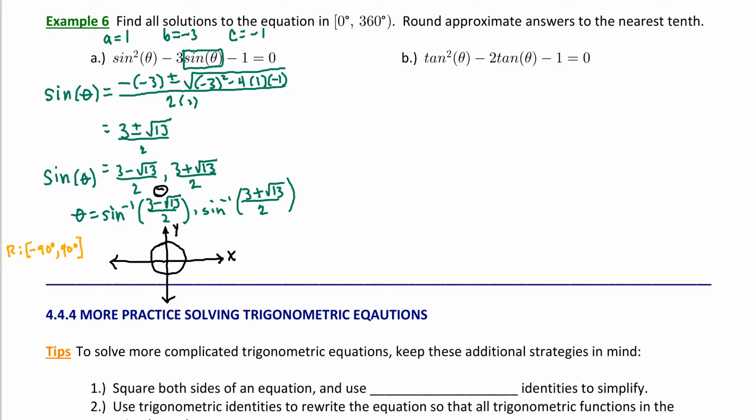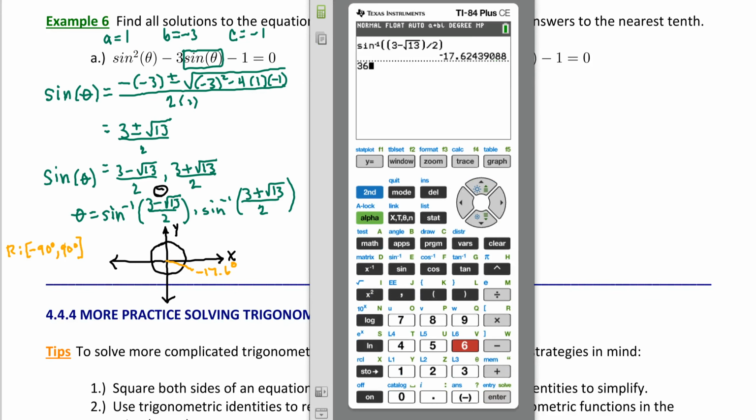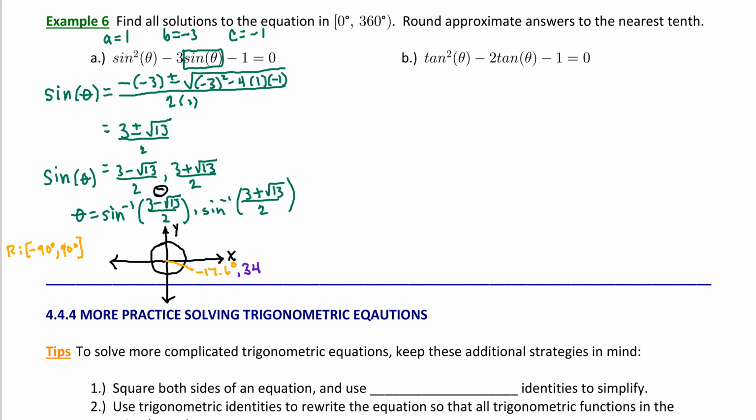So the calculator is giving us -17.6 degrees, which is in the range of inverse sine, but we can certainly adjust that to a positive angle. -17.6 degrees is not in the interval between 0 and 360 degrees, but I can simply rotate backwards from 360 degrees and find a coterminal angle. So 342.4 degrees is positive. It's coterminal with the solution, and it's in our given interval.